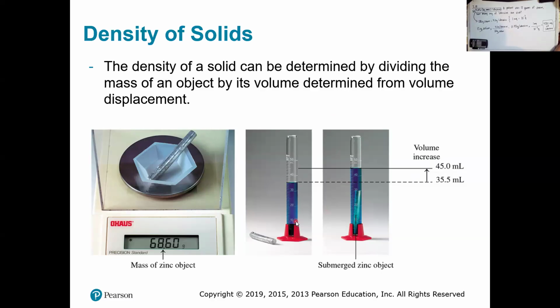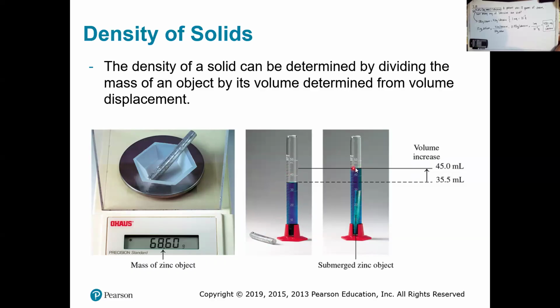So you can take a certain amount of water, in this case in a graduated cylinder, and get the measurement of that water when the graduated cylinder has no metal in it. Then you can take your piece of metal and put it inside the graduated cylinder. The metal is going to take up space, and as it does, it's going to push the water level up.